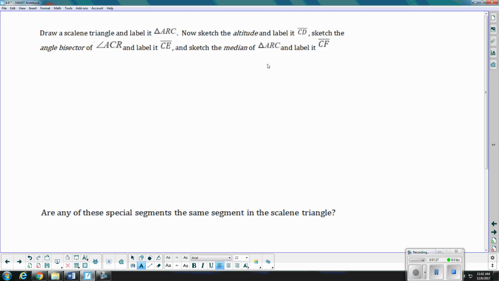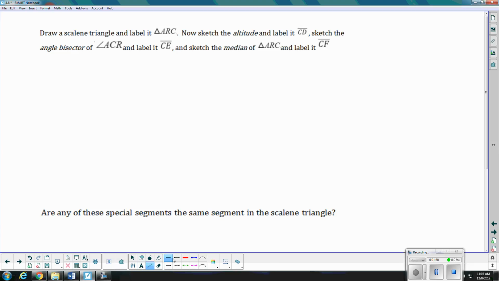All right, so in this first part on your note sheet, you should see these instructions. So I want you to draw a scalene triangle and label it ARC, and then sketch the altitude, sketch the bisector, and sketch the median. And they all come from angle C in this triangle.